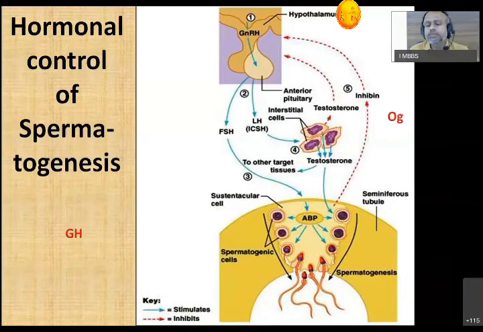Hormonal control of spermatogenesis. In the last lecture, in the last slide, we have seen this slide. Every endocrine gland in your body is controlled by your brain. The hypothalamus, pituitary, gonadal axis is there.